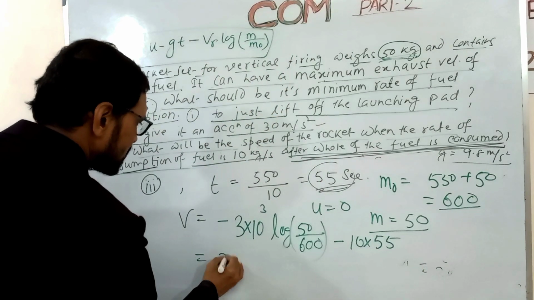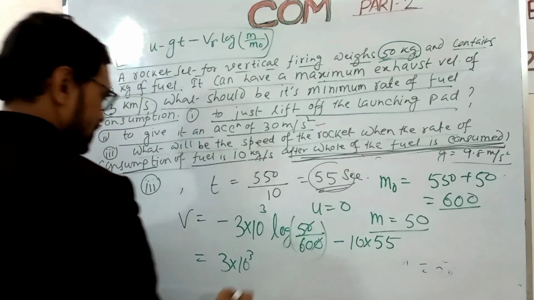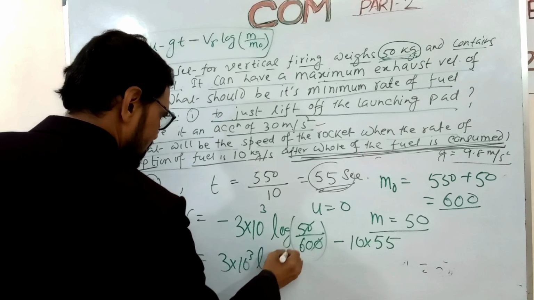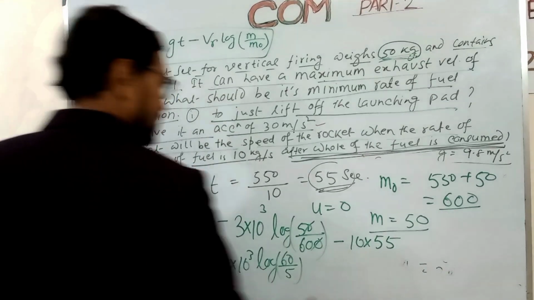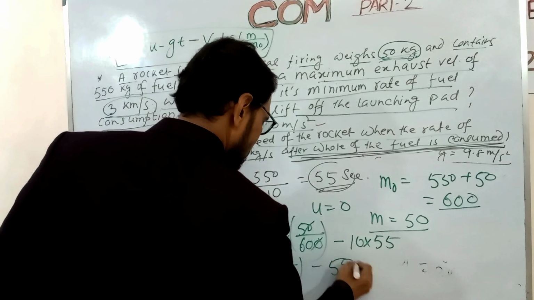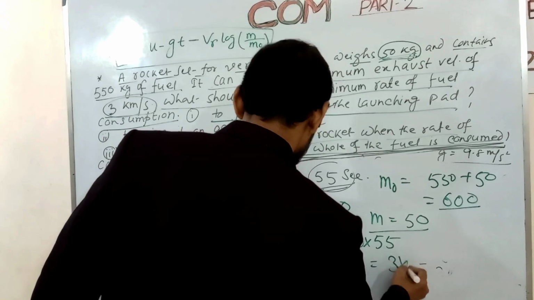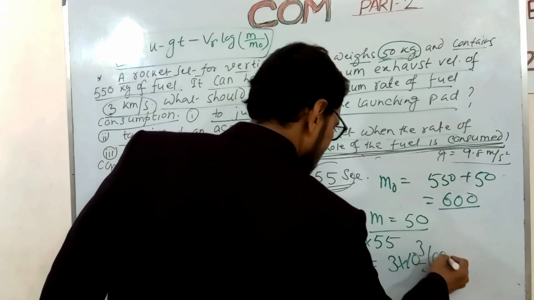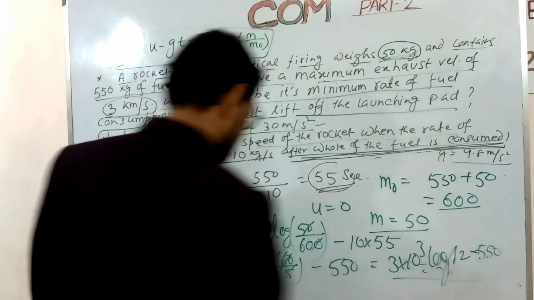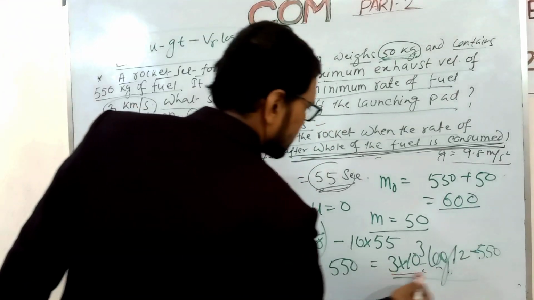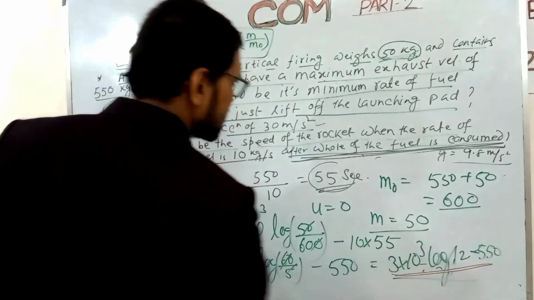So this will be log 12, there is a value of log 12. This is the answer. So the velocity after t seconds is this.